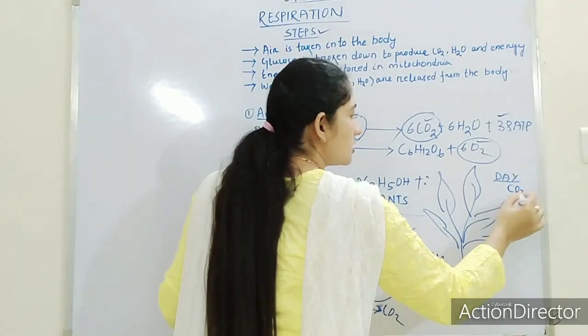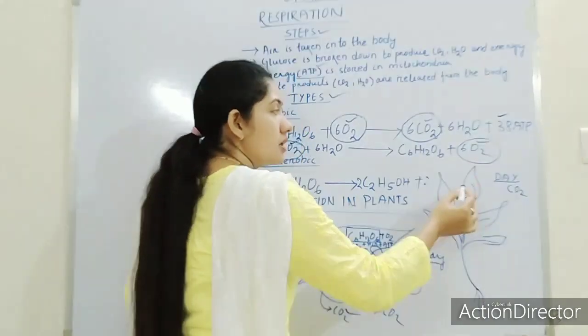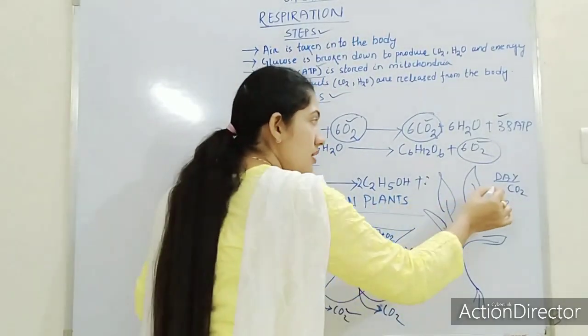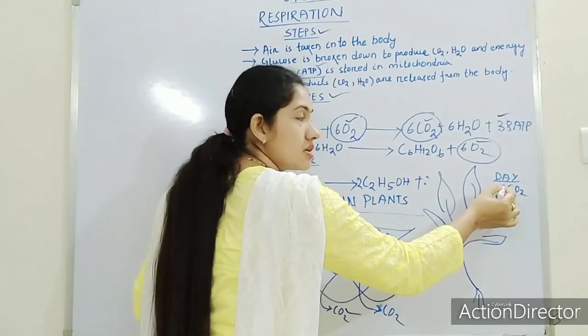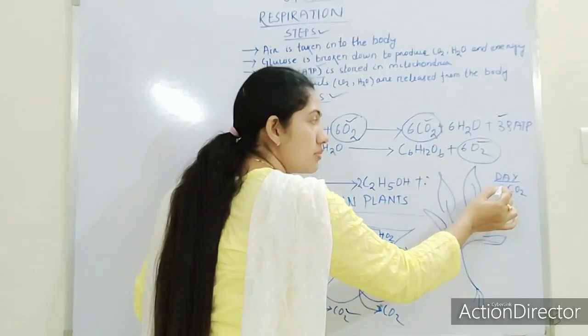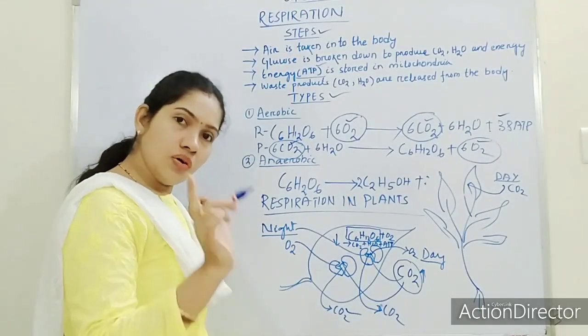The carbon dioxide concentration is more during daytime, so plants get less carbon dioxide inside. Due to the higher carbon dioxide concentration in the atmosphere, carbon dioxide will diffuse into the leaf so that they can undergo photosynthesis.